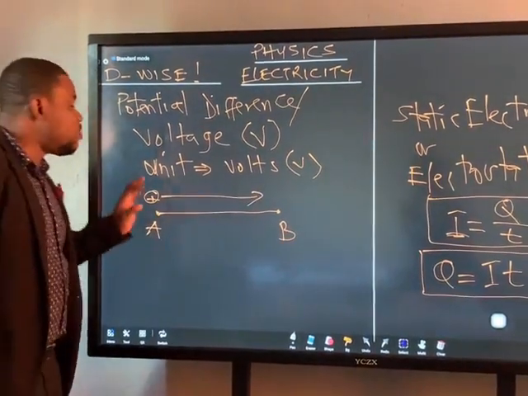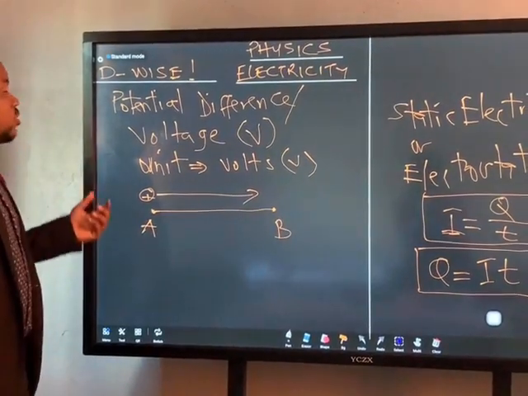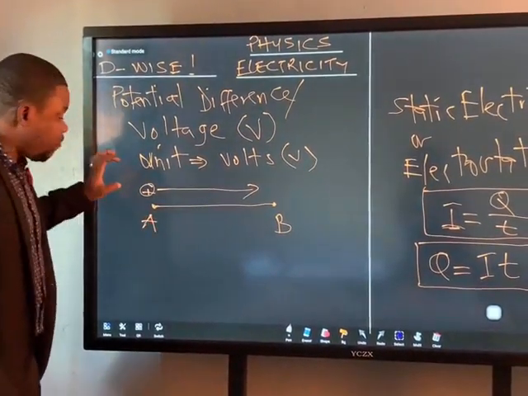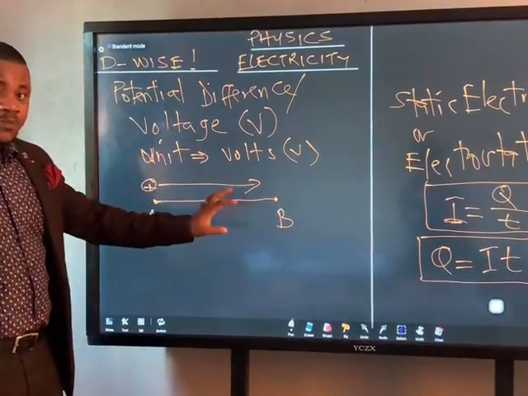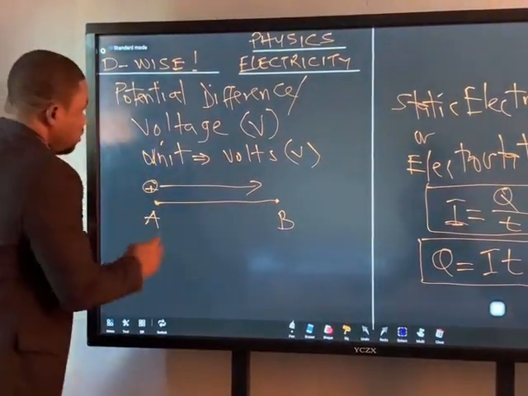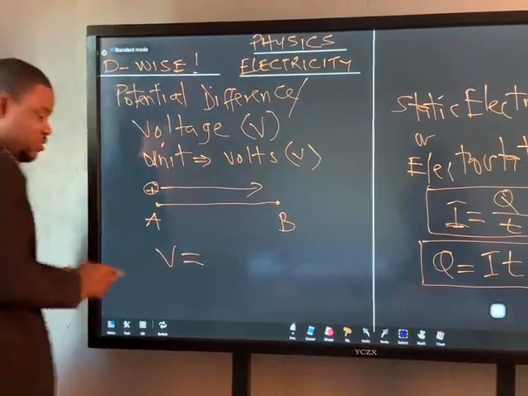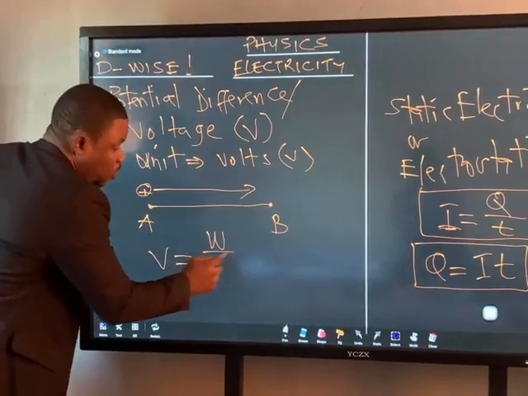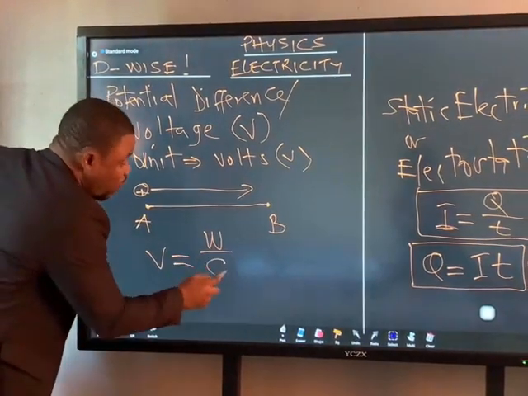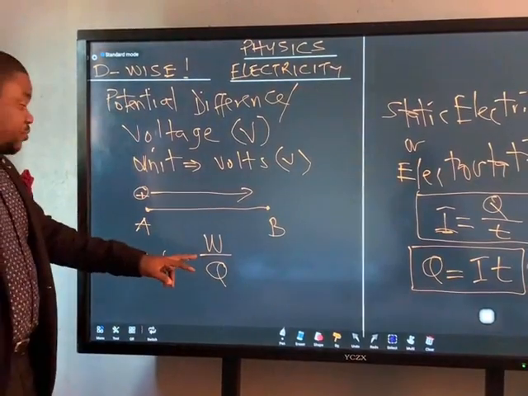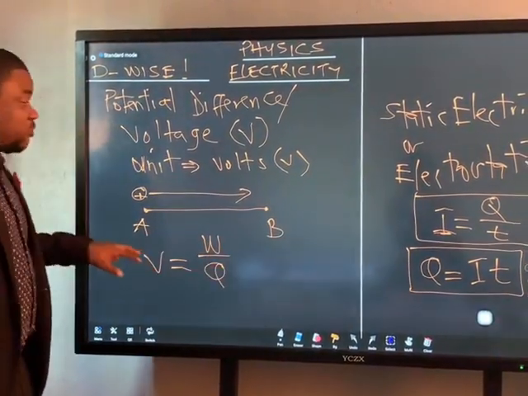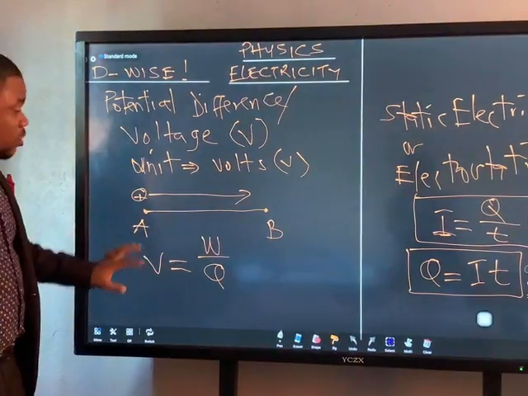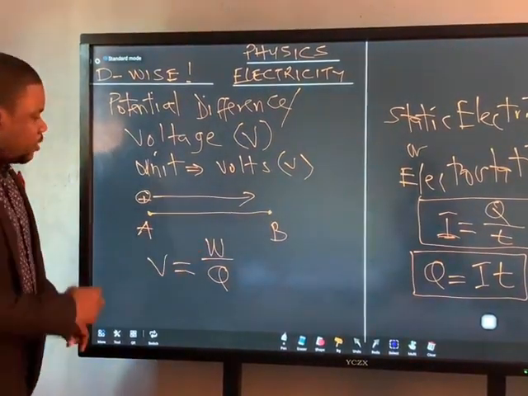So the potential difference between A and B is the work done in taking a unit charge from A to B. So I can say that potential difference, that is the voltage, is going to be work done per unit charge. The work done per unit charge is the potential difference.